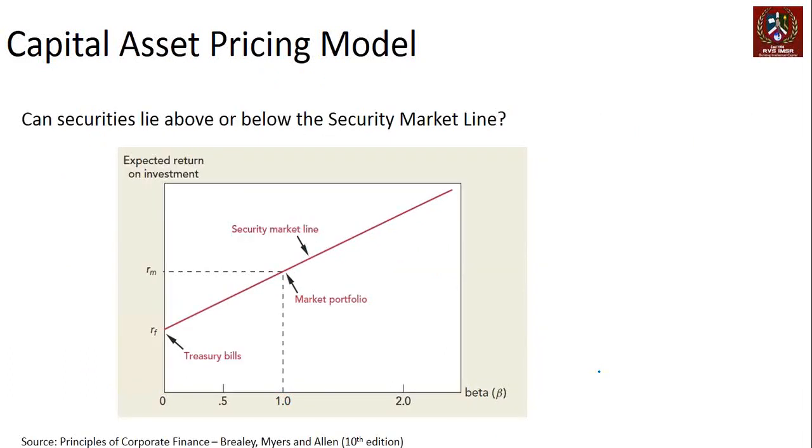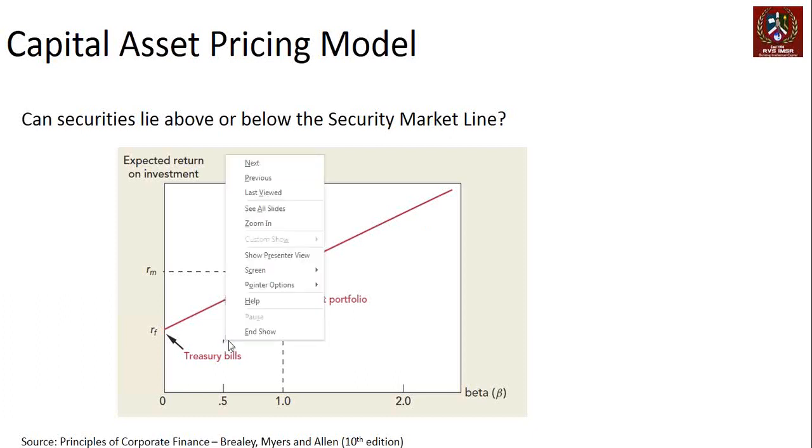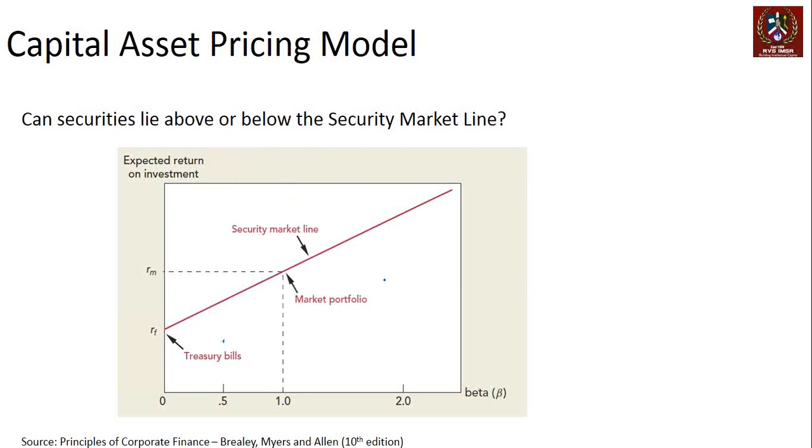Now let's question whether the securities can lie above or below the security market line. Let's take an example of two securities, one somewhere here and the other somewhere here. So let's say point A and point B. A security A with a beta of 0.5, and a security B with a beta of 2. Can they exist here?